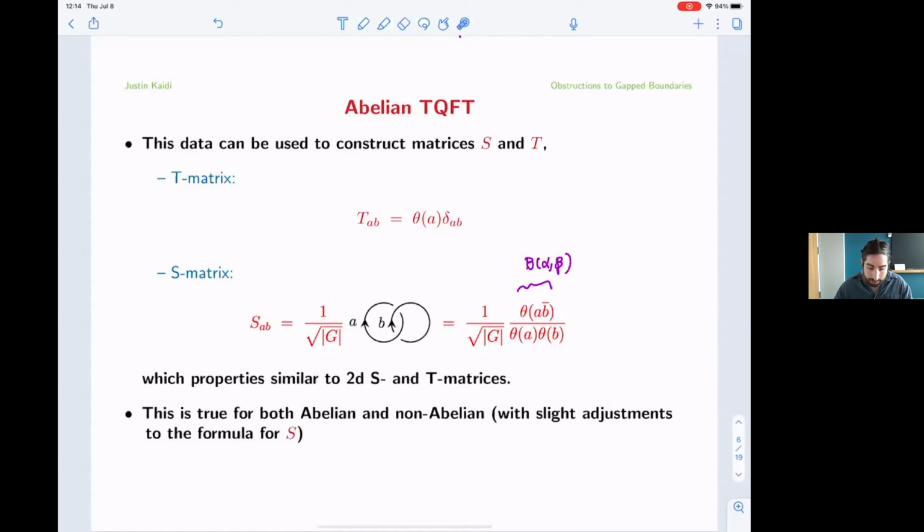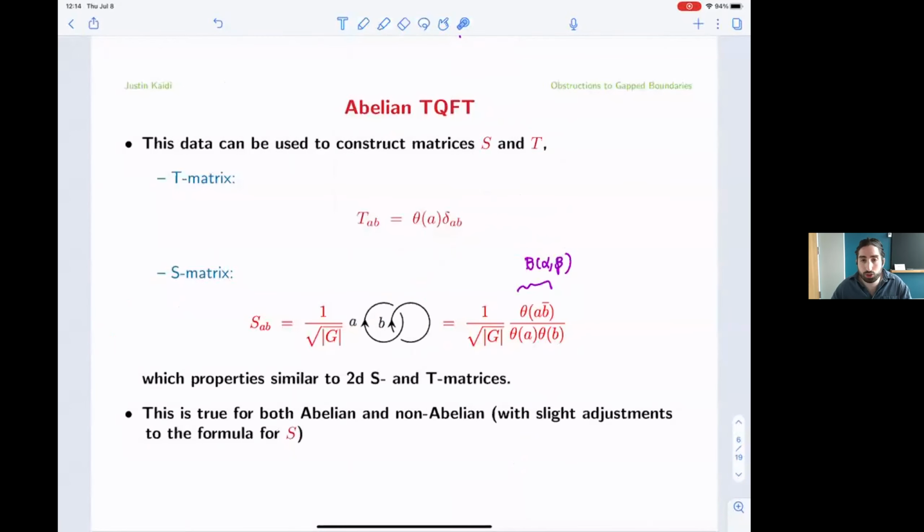And I should say that S and T, of course, can be formed for both abelian and non-abelian theories alike. So we'll refer to the modular data of both abelian and non-abelian TQFTs in what follows. Of course, in the non-abelian case, you have to slightly update this formula. Okay, great.